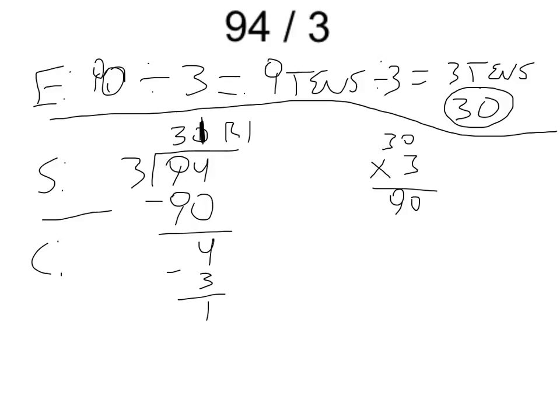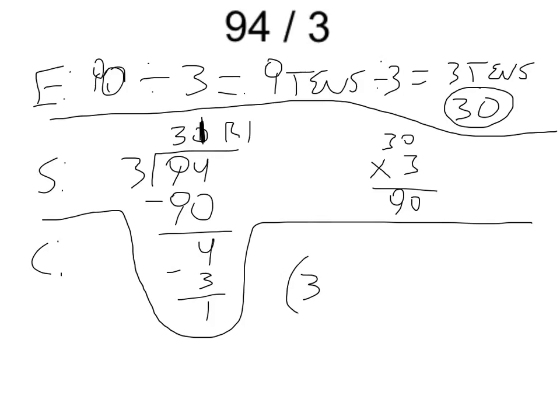But we're not just going to leave it there. We're going to go ahead and check. So let's check this out. Okay, so we take our divisor of 3 times our quotient of 31 plus our remainder of 1, and that should equal our dividend.